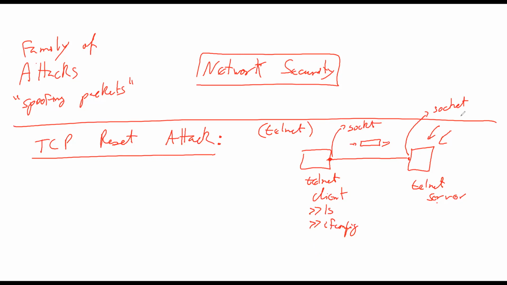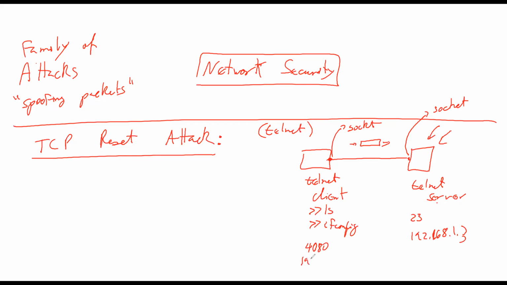So usually this is the server, which means this has port 23 open. That's the Telnet port, and it's going to be some IP, say 192.168.1.3. Then here, the port number will be some high number, let's just say 48, some number.